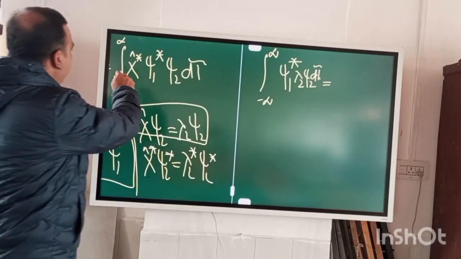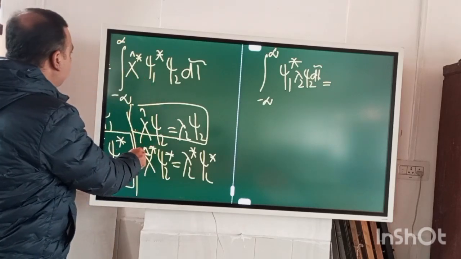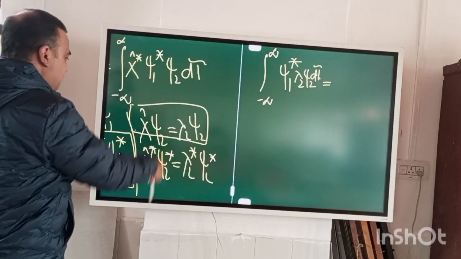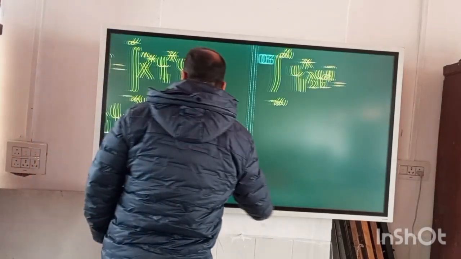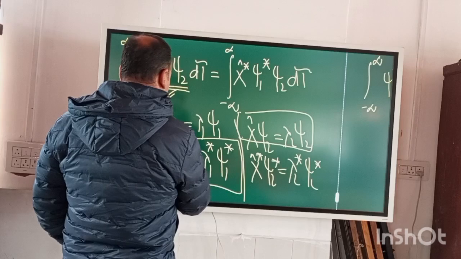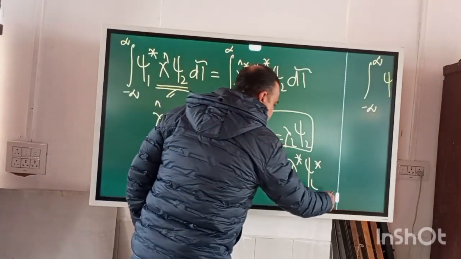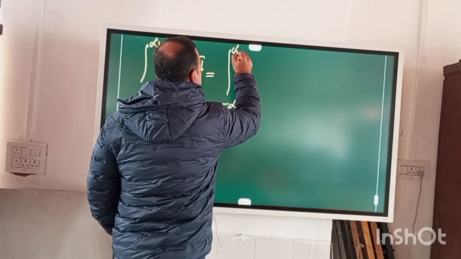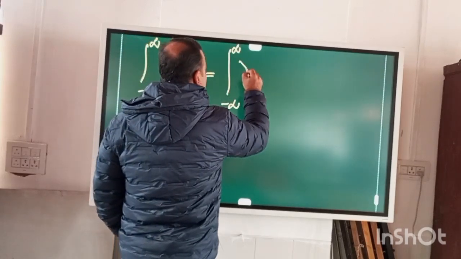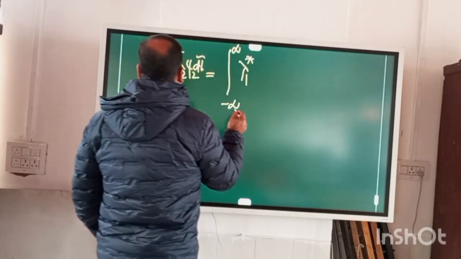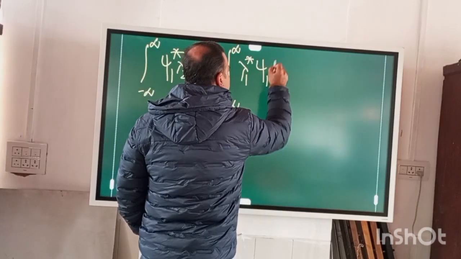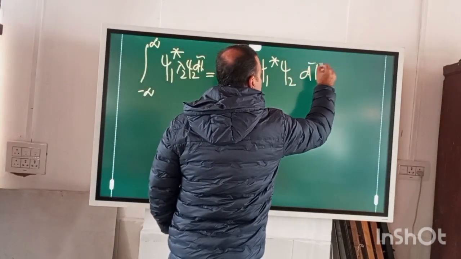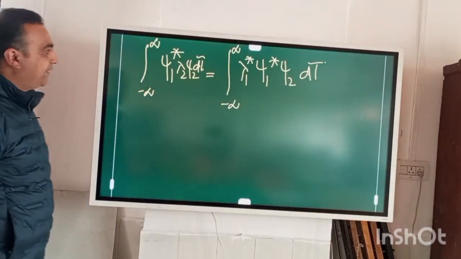In the right hand side, x cap star psi 1 star will give me lambda 1 star psi 1 star. So this is equal to the integral from minus infinity to infinity of lambda 1 star psi 1 star psi 2 d tau.